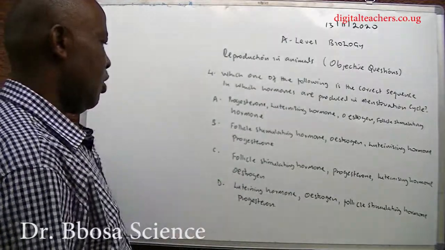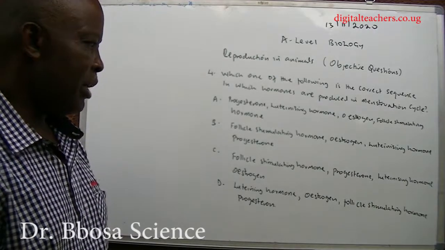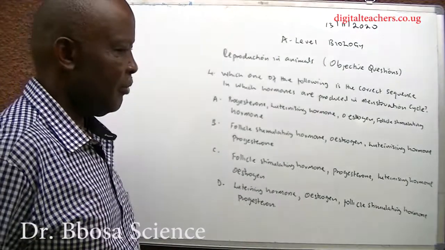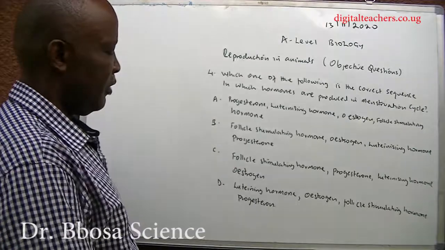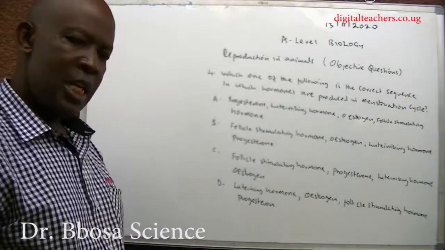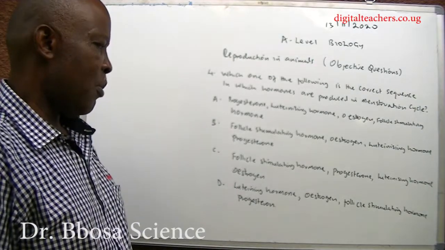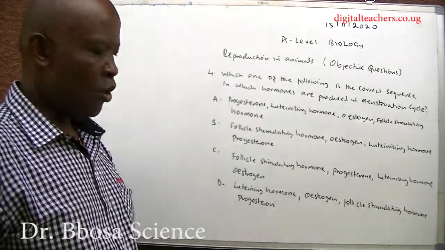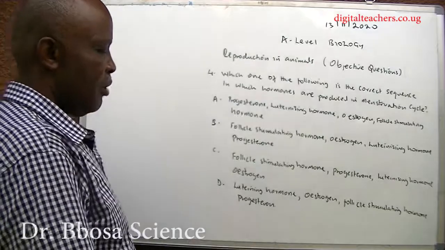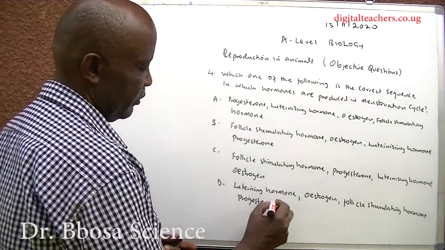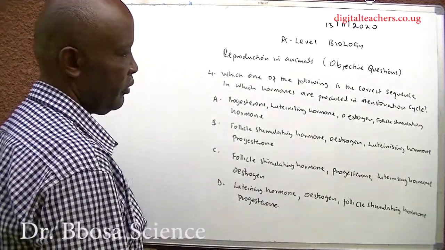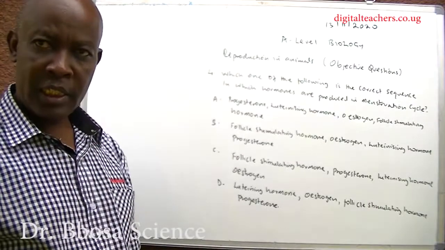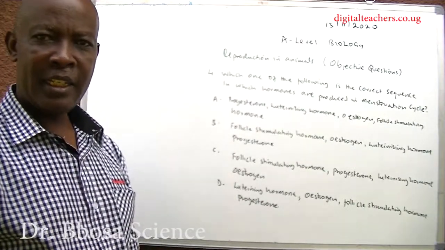C. Follicle stimulating hormone, progesterone, luteinizing hormone, estrogen. D. Luteinizing hormone, estrogen, follicle stimulating hormone, and progesterone. You can pause and answer.